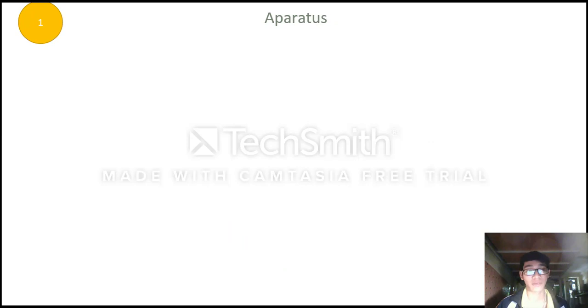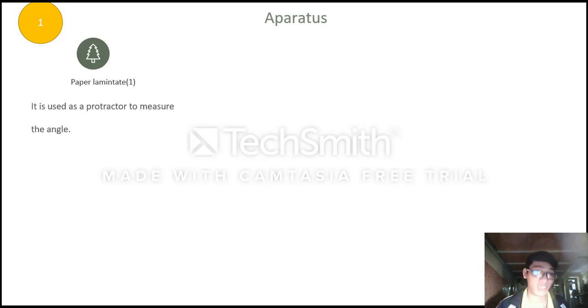Firstly, the operators. First is the paper protractor. What is it? It is used to measure the angle. In this case, it measures the incident angle and the refracted angle. Then a lamp with a voltage of 12 and a power of 10 watts.